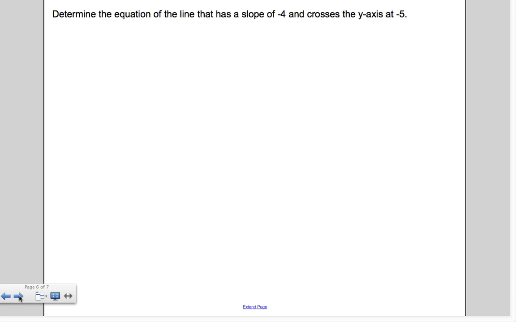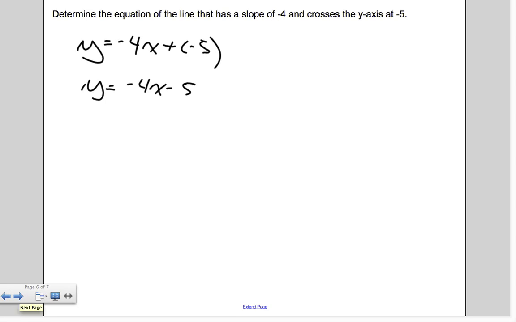Thomas says y equals -4x plus -5. Does it say negative instead of plus -5?